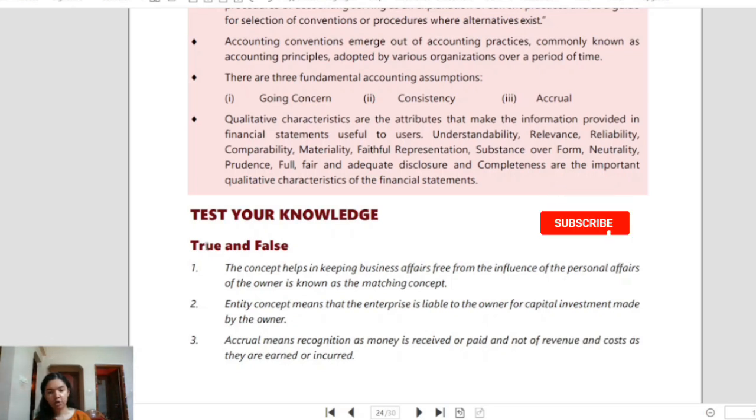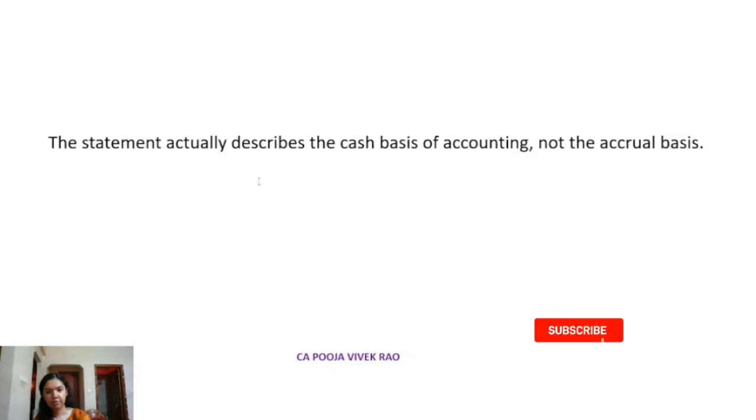Question number 3. Accrual means recognition as money is received or paid and not of the revenue and cost as they are earned or incurred. This statement actually describes the cash basis of accounting and not the accrual basis of accounting.